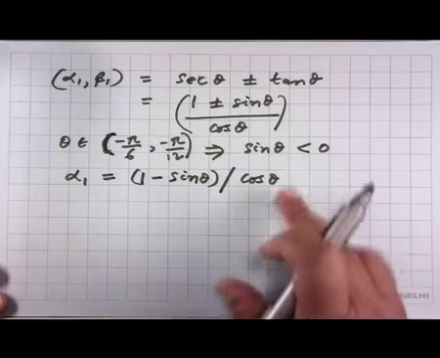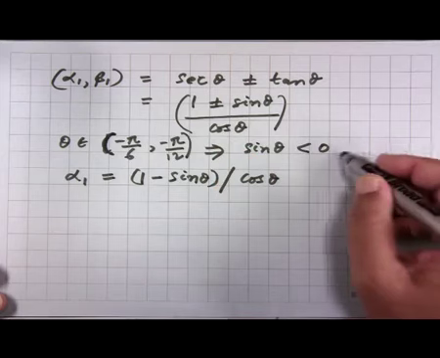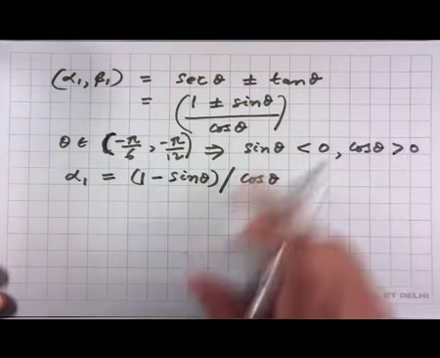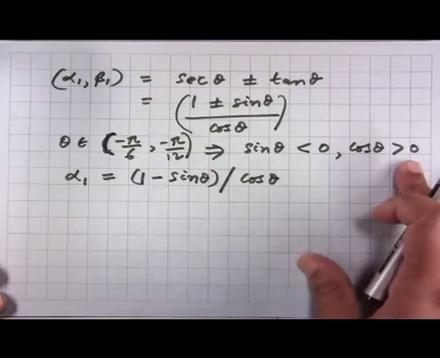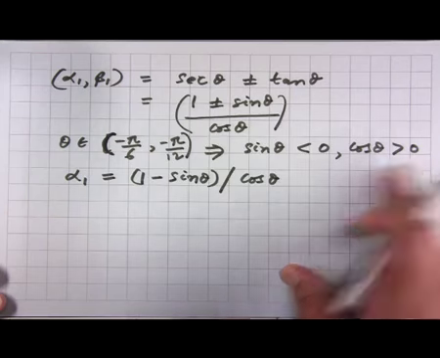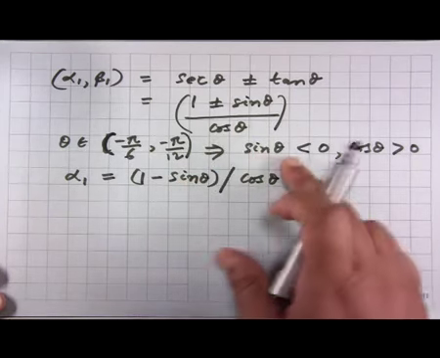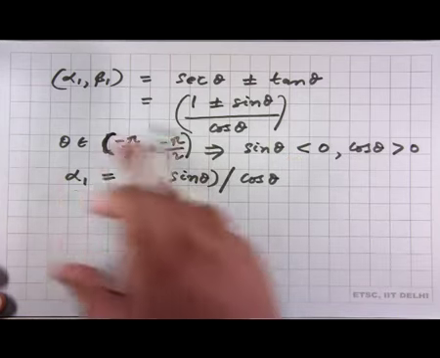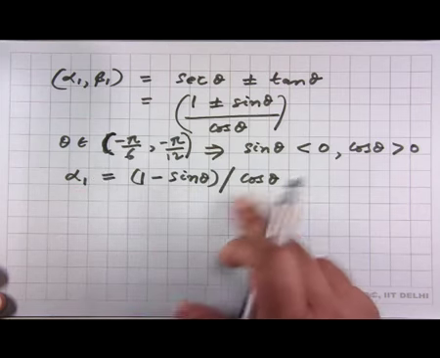And of course, the other fact that we have used here is that cos theta is positive when theta belongs to this interval, and therefore, the denominator is positive, but since sin theta is negative, the larger root, which is alpha 1, is going to be 1 minus sin theta over cos theta.